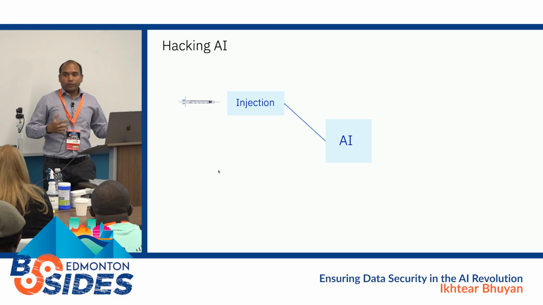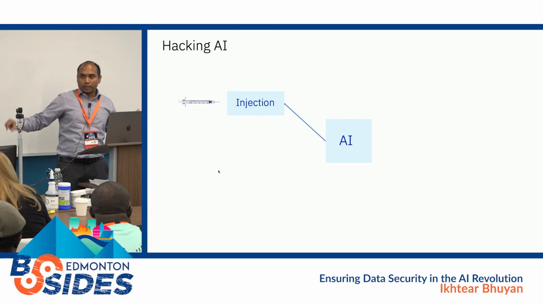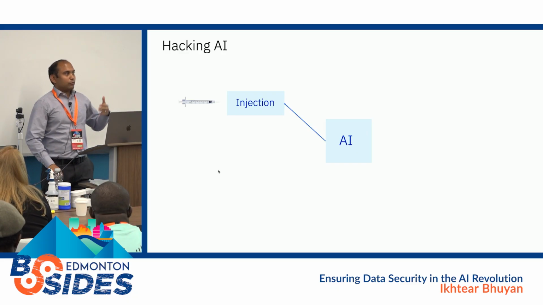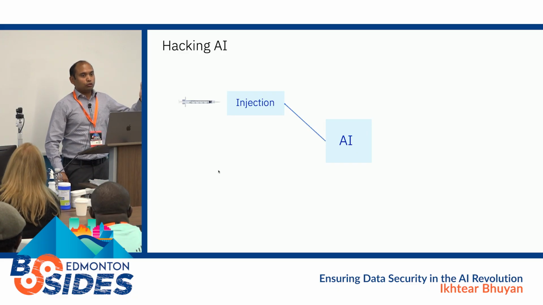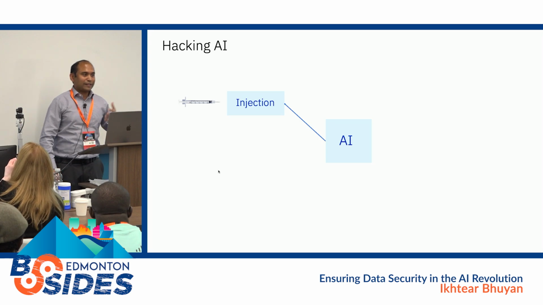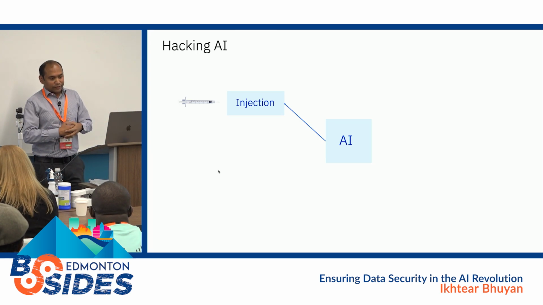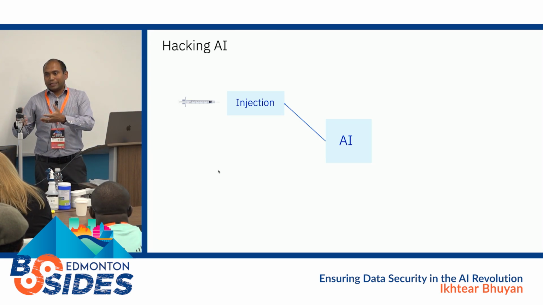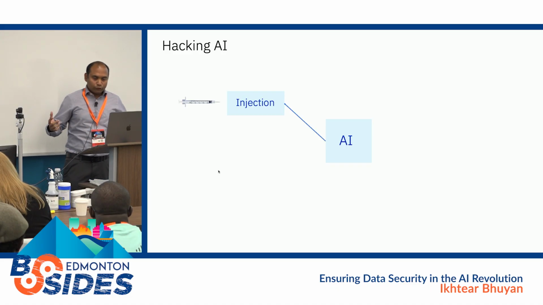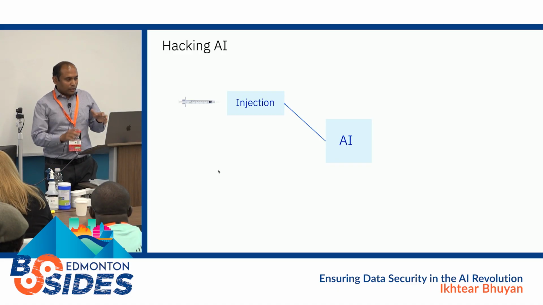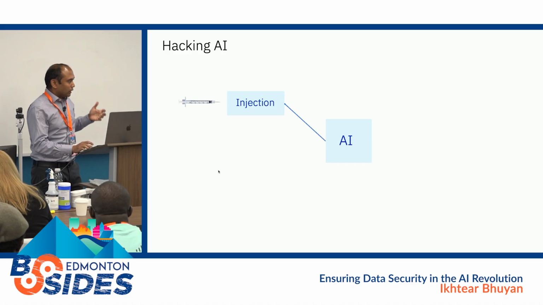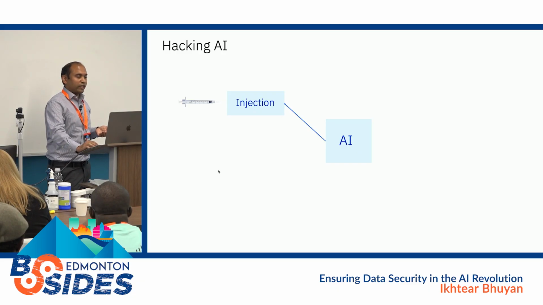It could be a direct prompt injection, or an indirect prompt injection. In the case of direct prompt injection, I'm asking my AI model to extract certain information. For example, I'm asking, give me code to create malware. If you have a proper guardrail, probably you're safe, and the AI model is not providing it to you.